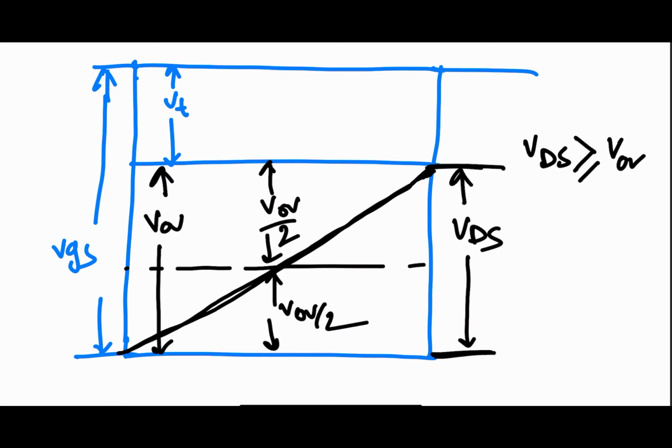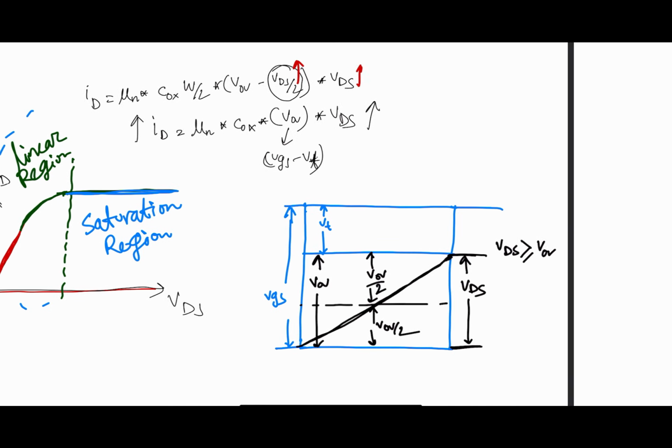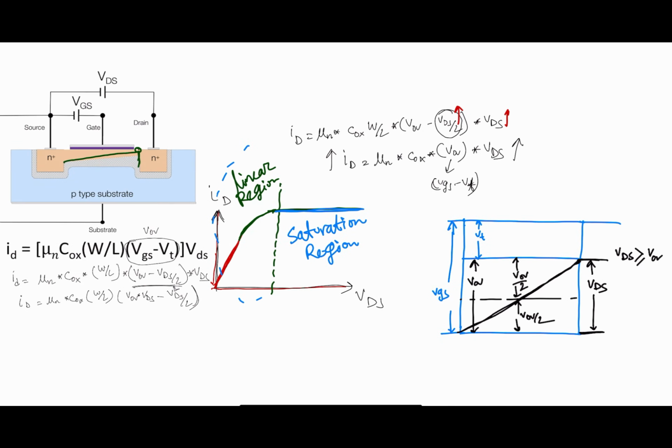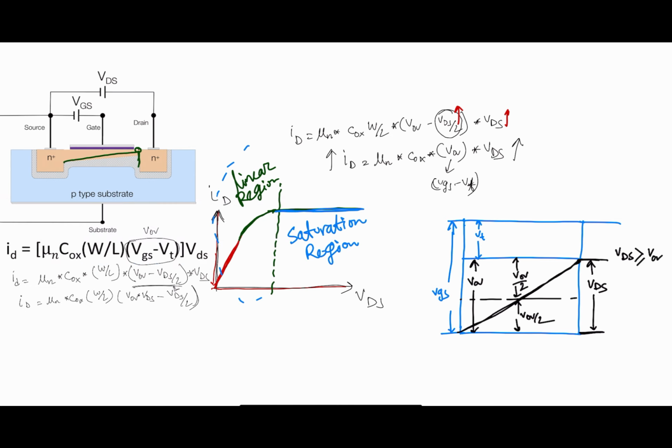So the average voltage across the channel is VOV by 2. What do I need to do? In this equation, I just need to replace this part with VOV divided by 2.